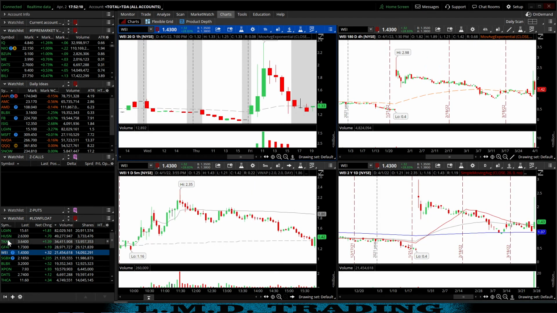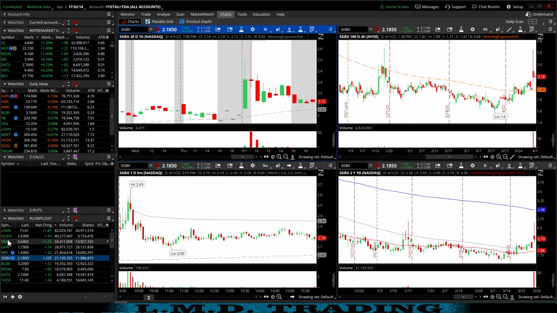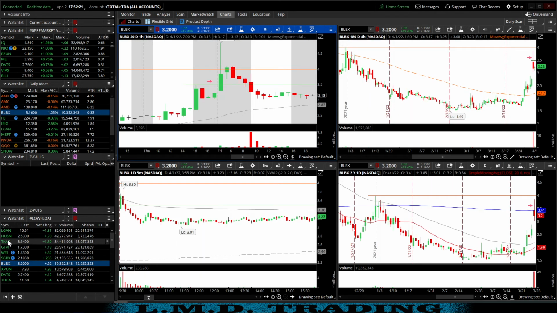WEI, nice move off the open that we can see up on the hourly chart. SGBX, another one that popped off the open, then sold off. BLBX, that one gapped up and just sold off. Actually, no. If you look at the hourly, it popped pretty good, but sold off fairly quick.